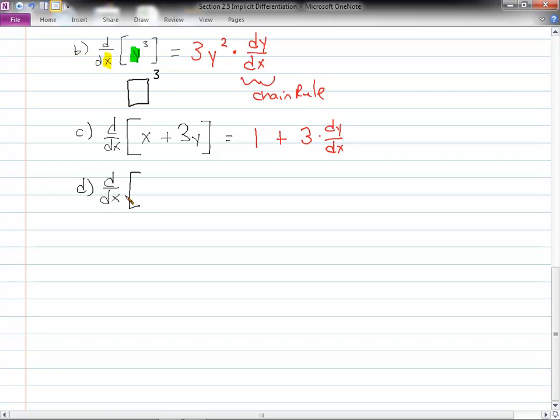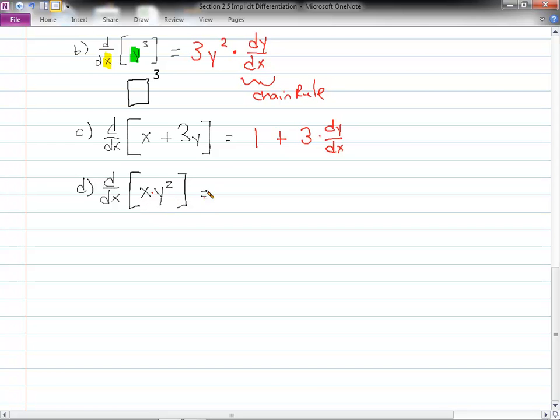So what if I had xy squared? What rule do we need to apply here? Product rule, because y, even though it's a variable y, it is a function of x. So this is like a function of x times another function of x.